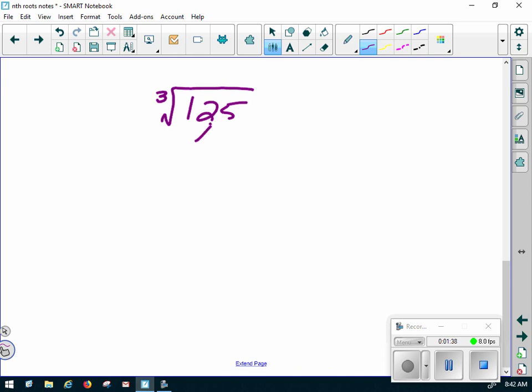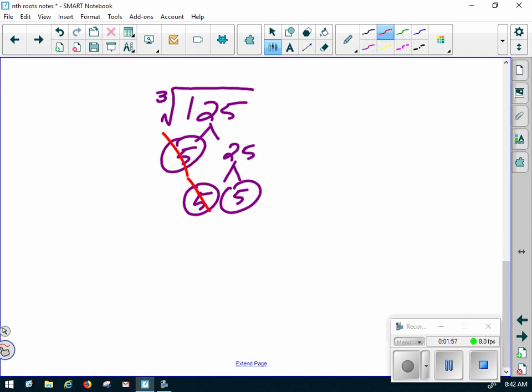If I factor this, what's a number that'll go into 125? 5, so it's 5 times 25. I'm looking for triplets. Do I have any? Yep, 1, 2, I got triplets. So my answer is just 5 because nothing has to stay in the house, right?